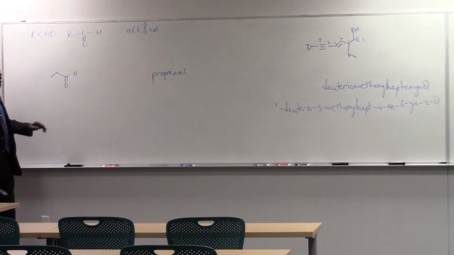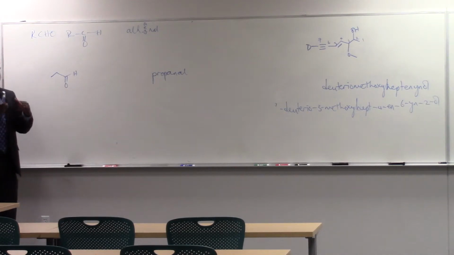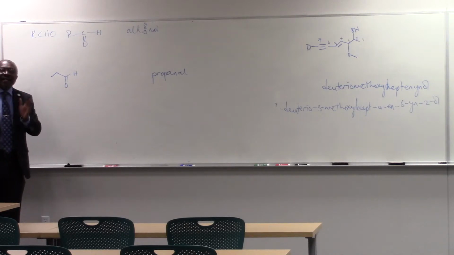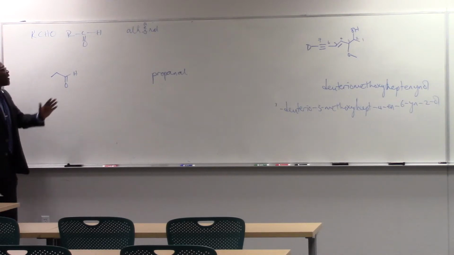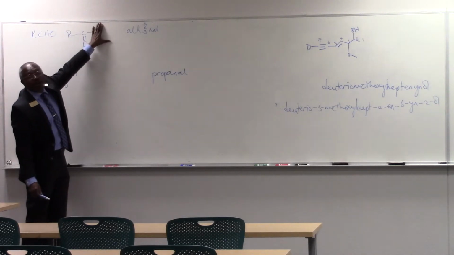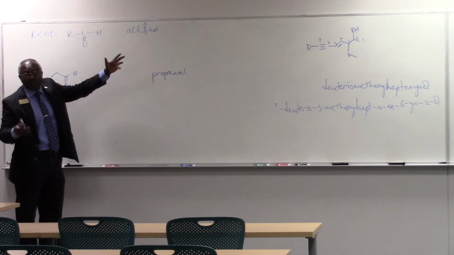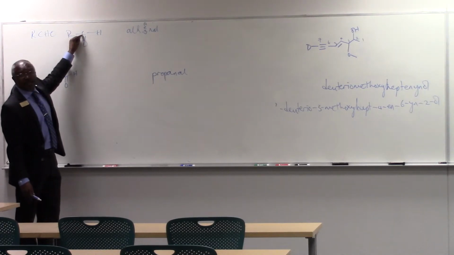Now, I'm not going to put 1. I'm not going to call this 1-propanal. Because by definition, aldehydes are RC double bond OH. There are no carbons on this side. So the carbon chain terminates or starts, depends on your perspective, at the carbonyl.